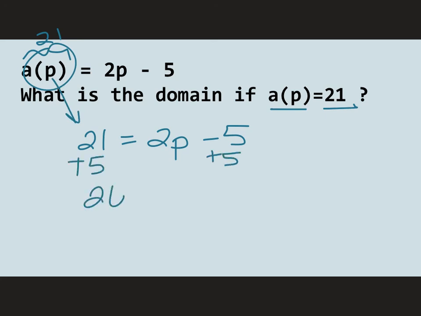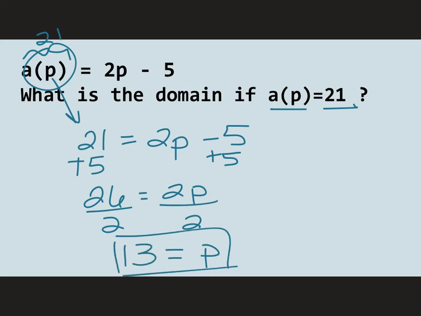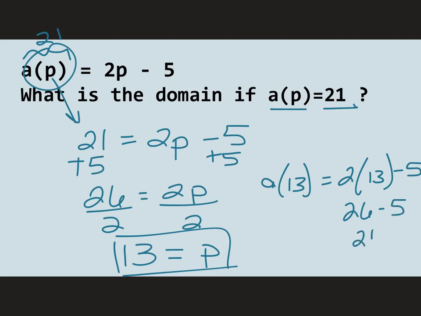So we have 26 equals 2P, dividing by 2 on both sides. So P equals 13. So essentially what we have here is A of 13 equals 2 times 13 minus 5. So 26 minus 5 gives us that 21 that we were starting with over here.